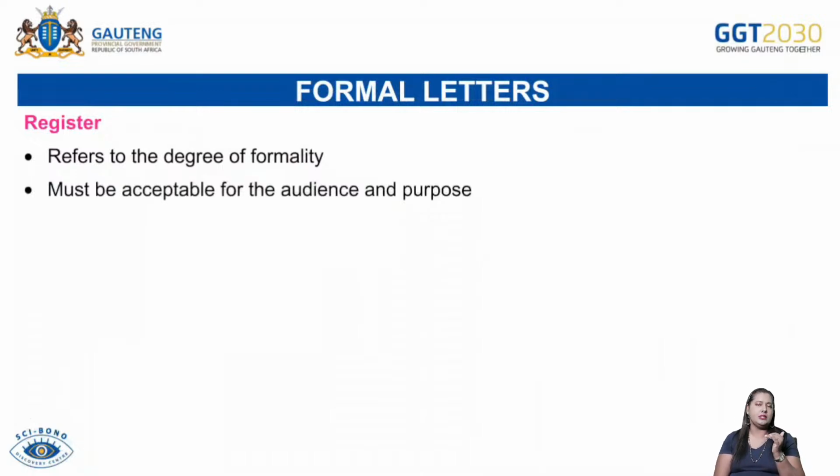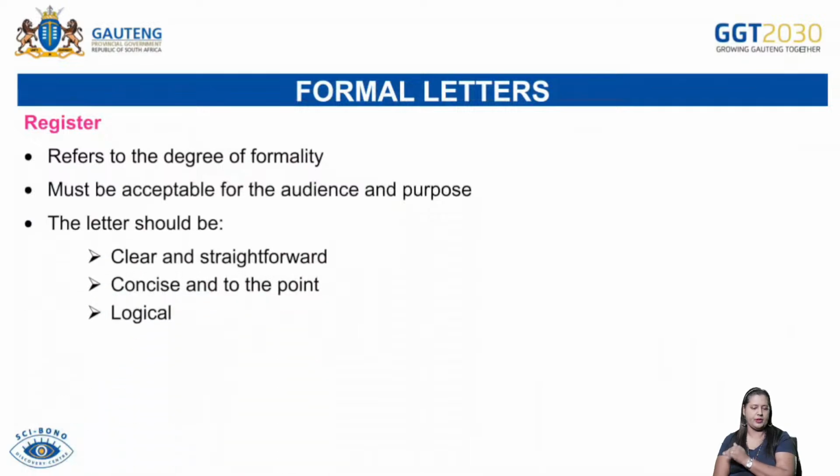There must be the fact that this piece of work is applicable to the audience and the purpose that has been asked of you. The letter should be clear and straightforward. It must be concise and to the point, and there has to be logic to it. All right? You can't just talk about totally strange things and expect to get a mark.